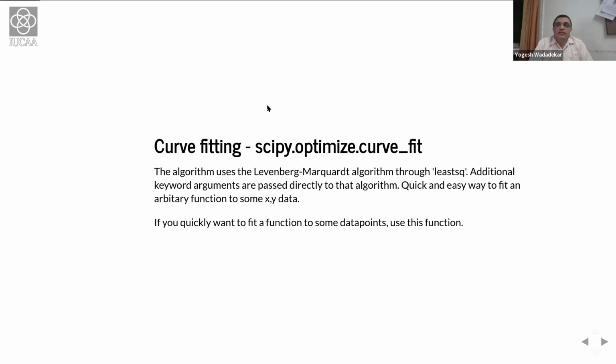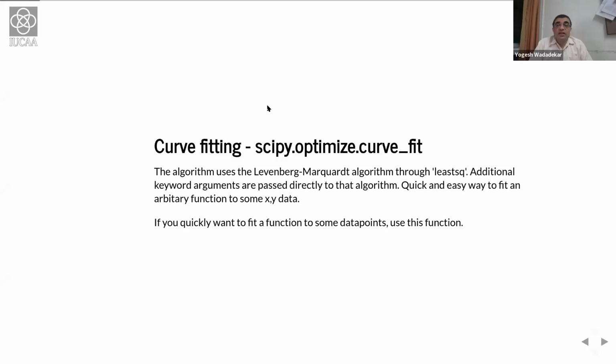So if you have some data and you want to fit a parabola to it, or you want to fit a straight line to it or something else, then consider using this function, okay? This function is very, very fast because the Levenberg-Marquardt algorithm that it uses is known to be extremely quick in converging.